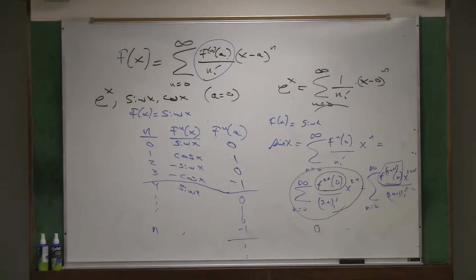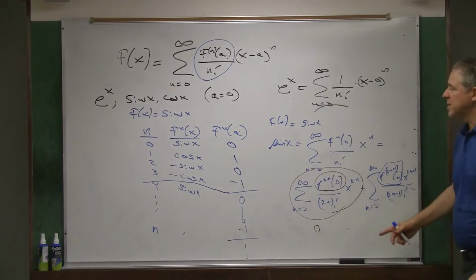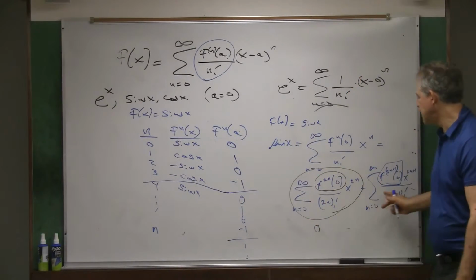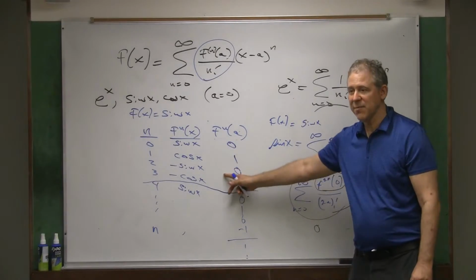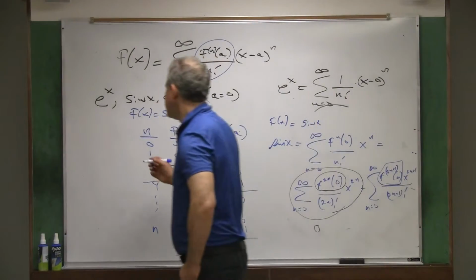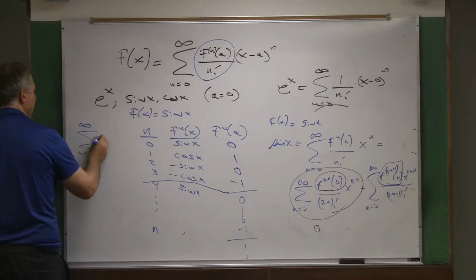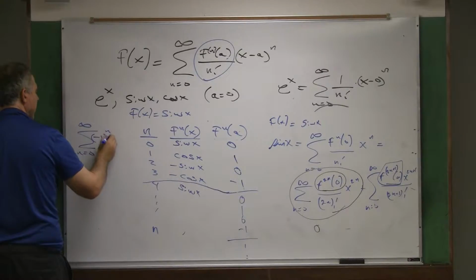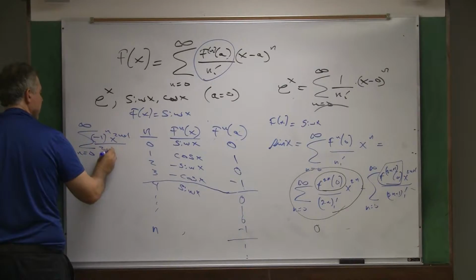When the index is 0, it's going to be positive 1. And when the index becomes 1, 2n plus 1 becomes 3, so it's going to be negative 1. So the pattern is a sum from n equals 0 to infinity of alternating sign x to the 2n plus 1, the odds, over 2n plus 1 factorial.